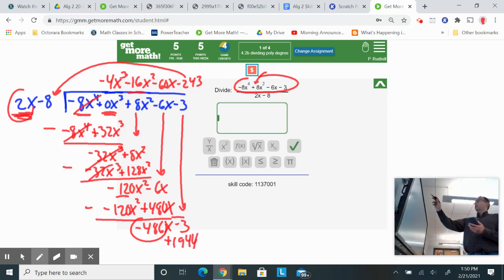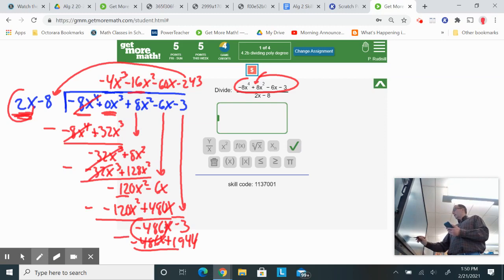And negative 243 times 2 is negative 486x. So when I subtract, those are gone, but I end up with negative 3 minus 1,944, and I get negative 1,947. Now that's going to go in the numerator of my remainder.